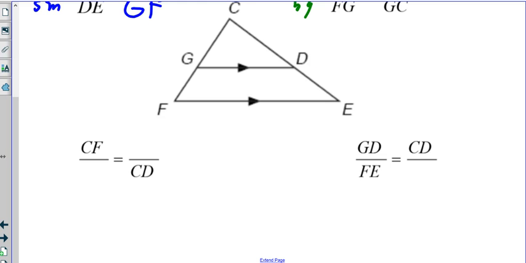Okay, these two at the bottom are a little bit more challenging. So we have CF, which is the whole thing. And over on the other side, we have CD, which is the big piece. That's on the bottom. Okay? So you have, on top, the whole, and down here you have the big piece.